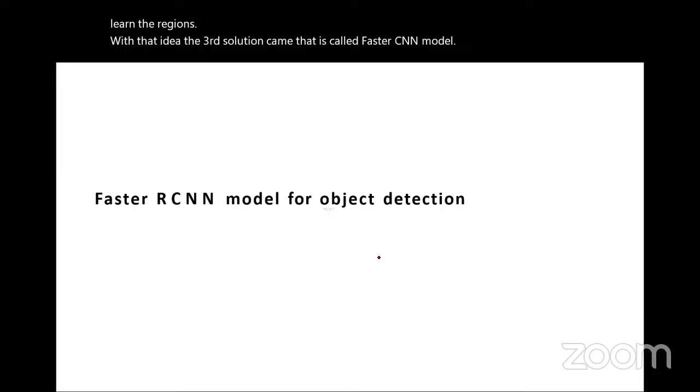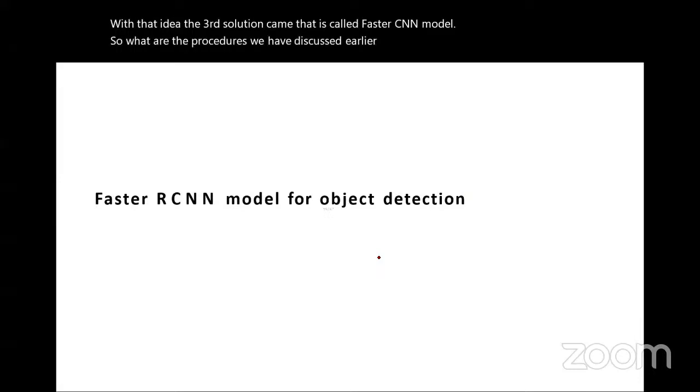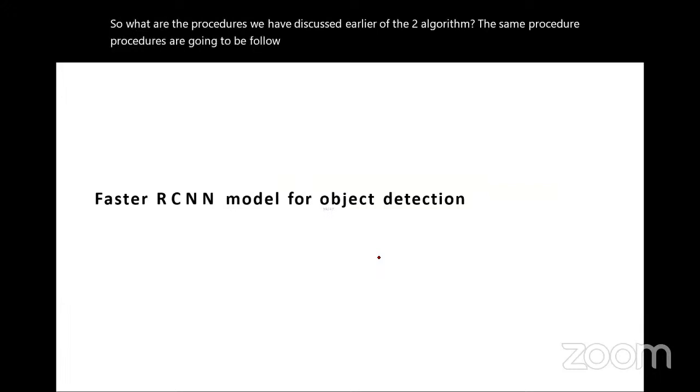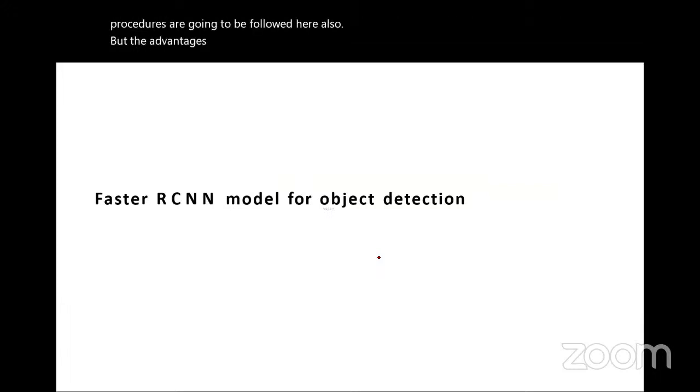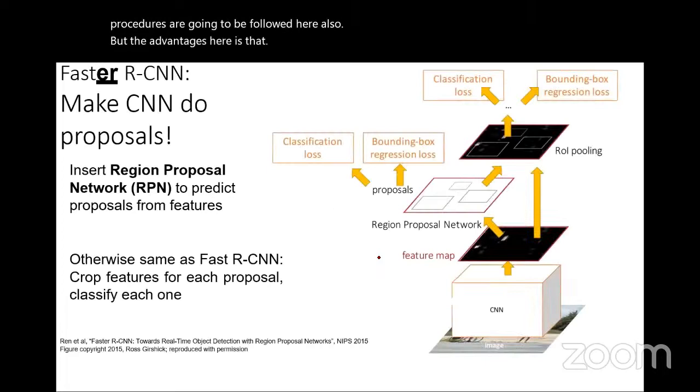So the procedures we have discussed earlier for the two algorithms are going to be followed here also. But the advantage here is that we would like to learn the regions rather than depending upon a selective search.